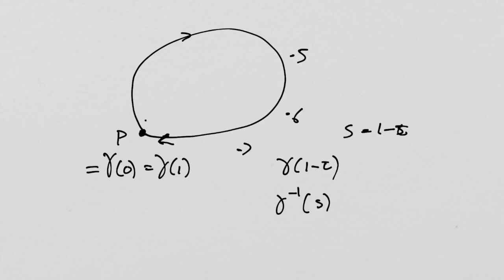And that's a path, right? It starts at 0 and it goes to 1, but it goes in the opposite direction. It goes this way. So that's important. So I've created this path that goes backwards. So let's put that on the shelf.